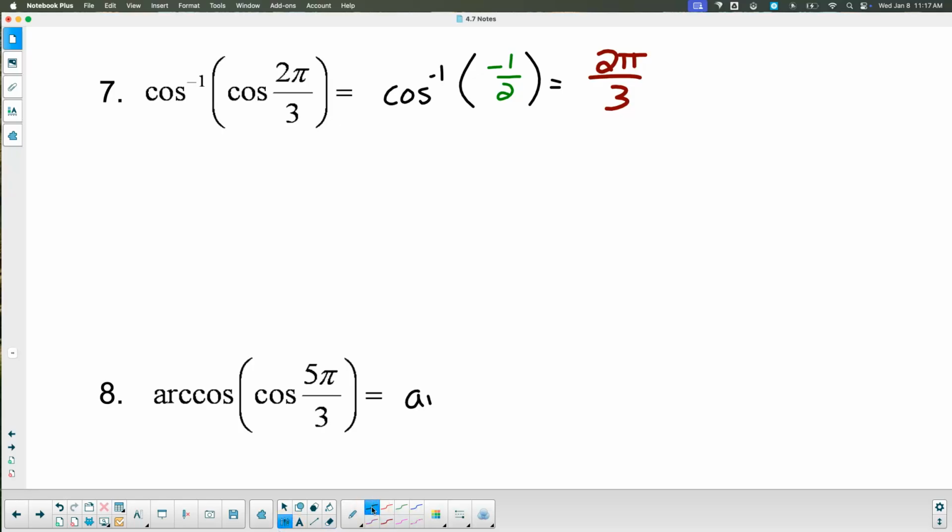Arc cosine. So I get pi over 3 there. Yes? Okay, because it's got to come back into those applicable ranges.